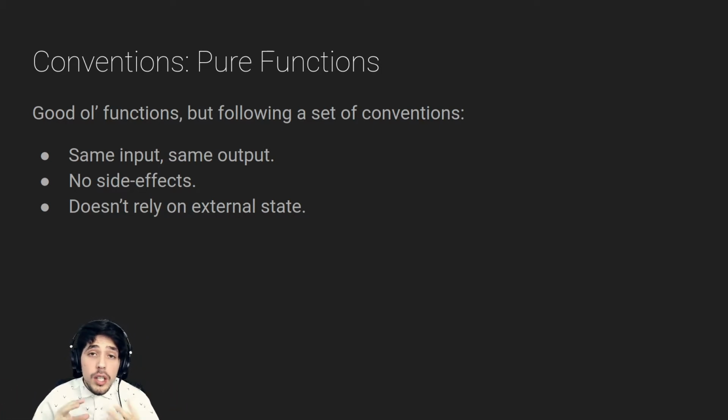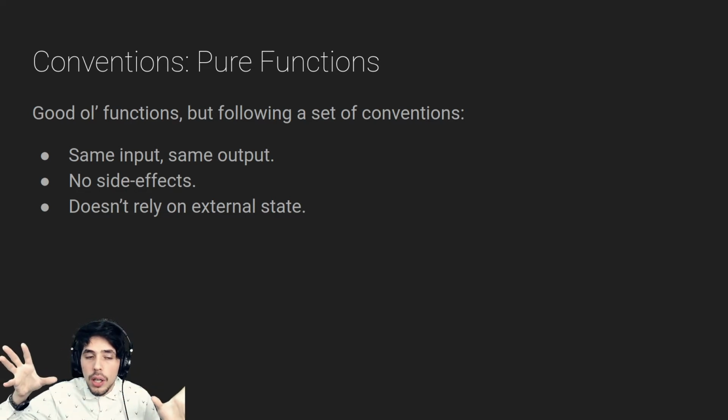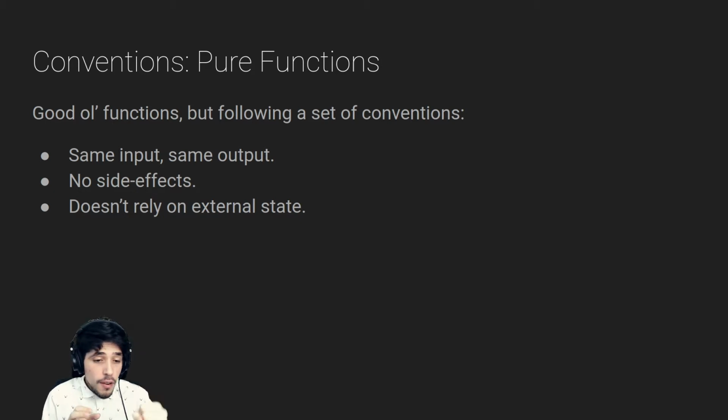The other one is no side effects. I'm not talking about how, as soon as you write a line of code, suddenly you have a tentacle coming out from your neck or something like that. I'm talking about your function not changing anything of the outside world. For example, you have a function that receives a variable with a number.